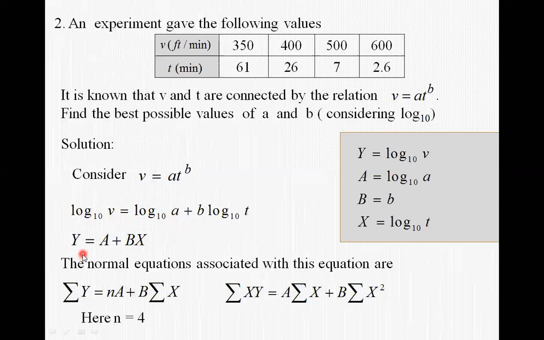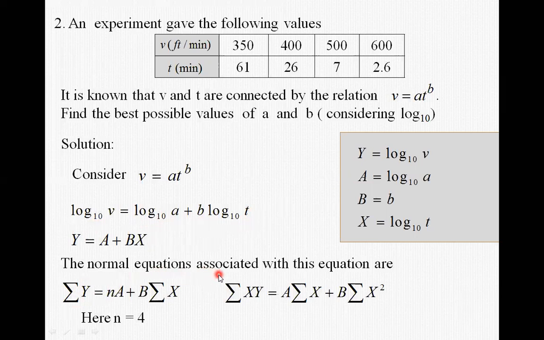Therefore, capital Y equals capital A plus capital B into capital X, where capital Y equals log V to the base 10, capital A equals log a to the base 10, capital B equals small b, capital X equals log T to the base 10.